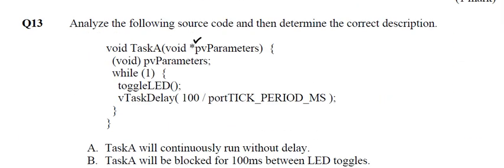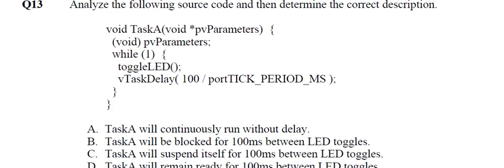Next question, analyze the following source code and then determine the correct description. You have this task A, and then this is the structure. After that, you have this function to toggle the LED. You need to read the descriptions and decide which one is correct. Task A will continue to run without delay.